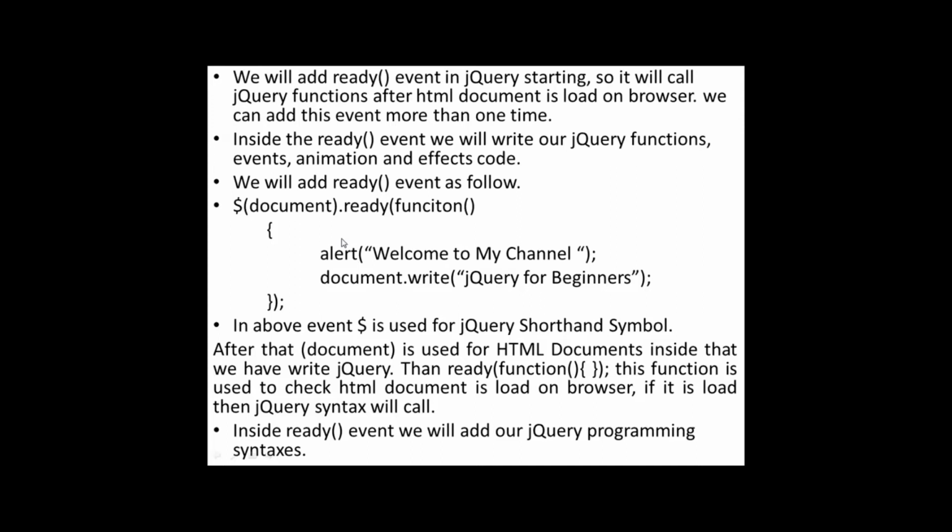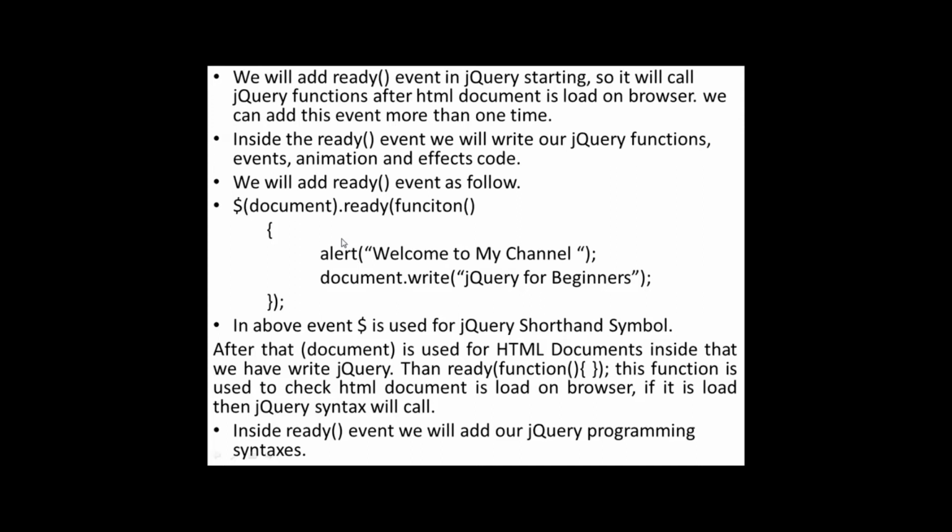Here the $ sign is mentioned as the first character of your syntax. The $ sign is a shorthand symbol of jQuery. You can also use the word jQuery before starting your syntax, but there is no need to write the whole word. It is replaced with the dollar symbol, so you can mention the dollar sign before starting a jQuery syntax.